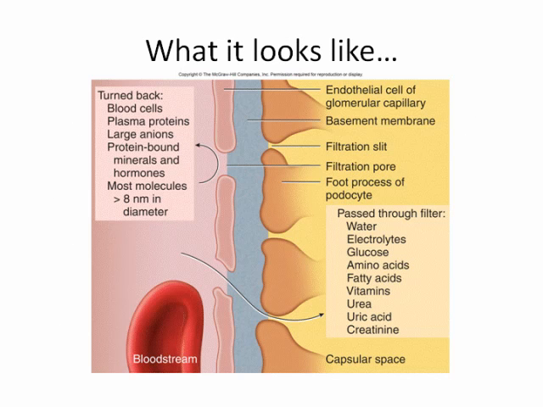And so here's what these 3 layers all look like. The first layer, again, that we have is right here, which is pointed by the arrows. And again, that would be the fenestrated capillaries.